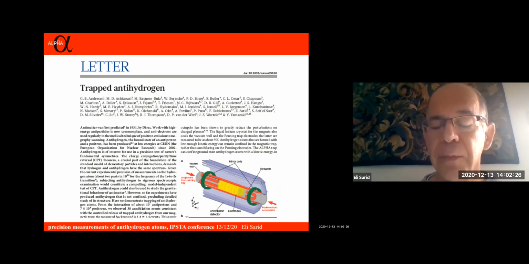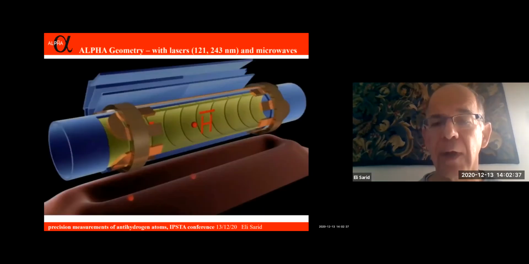Since then, we have developed methods that further cooled and increased by a large amount the number of antimatter atoms that are being trapped.